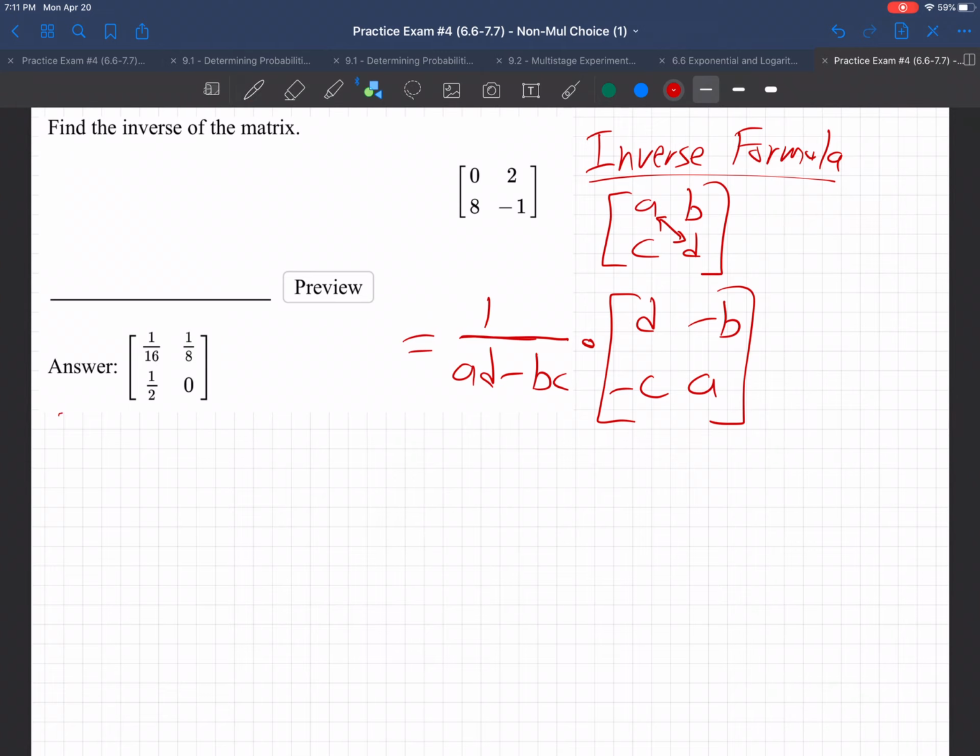So there it is. There is the formula. Let's try to actually do it now.